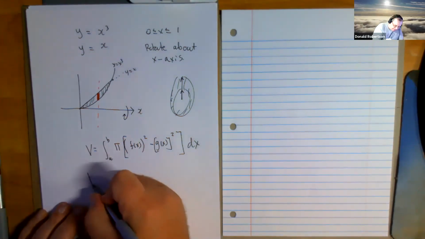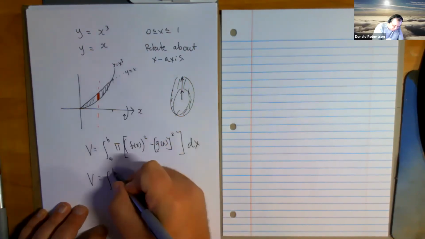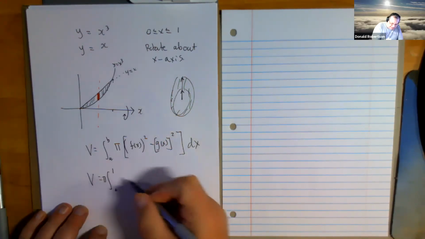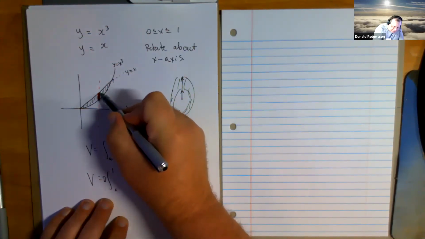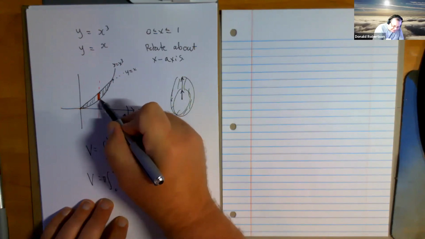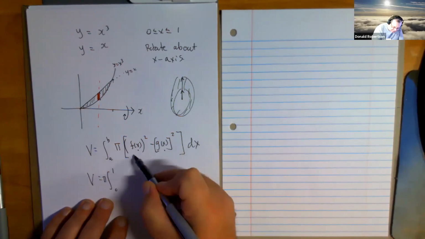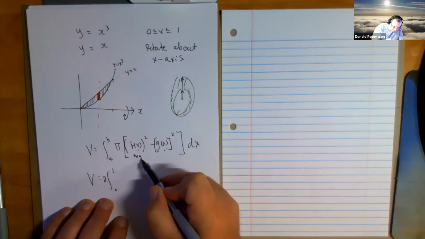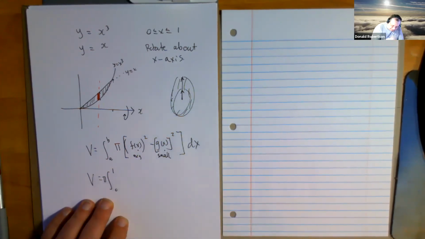So in this question, it's going to be the integral from 0 to 1. Stick out the pi. In this question, the big is the top guy and the small is the bottom guy. So the big guy goes here, the little guy goes here. So the one that's tallest and the one that's smallest.